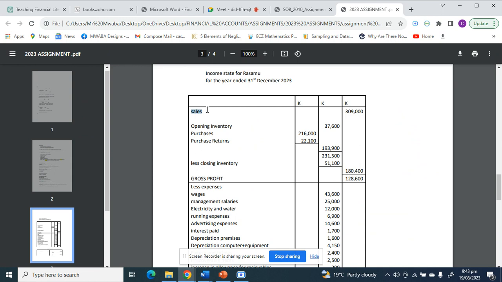All right. If we go to our trial balance, sales revenue was 309,000. Were there any return inwards?